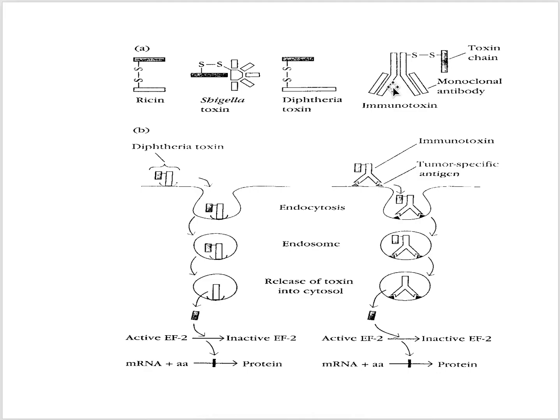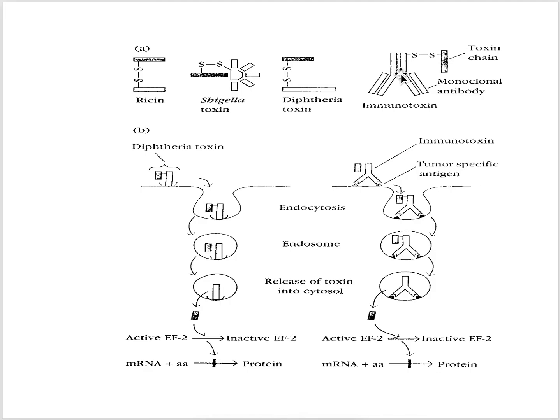if we can identify a particular antigen for a cancer cell, then we can design a monoclonal antibody for that antigen. Okay, so for example, this one is that monoclonal antibody.